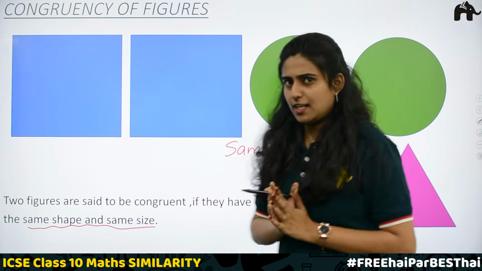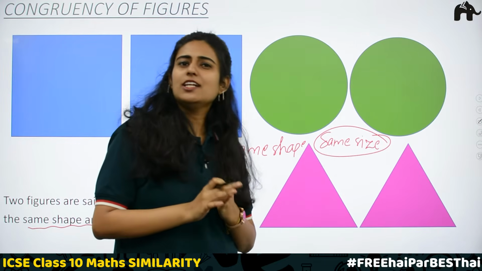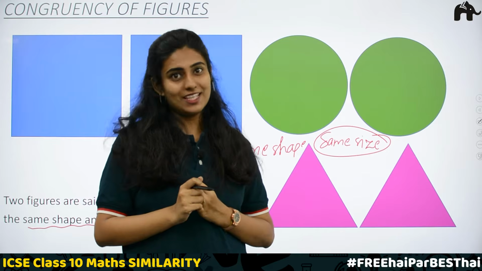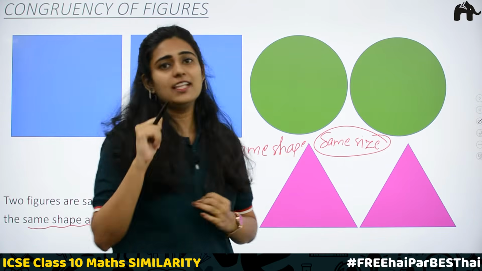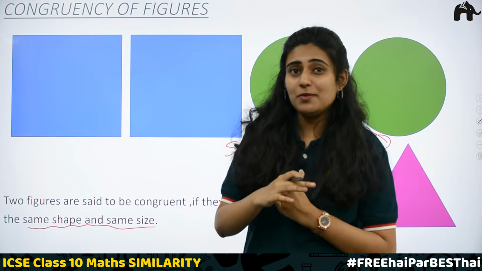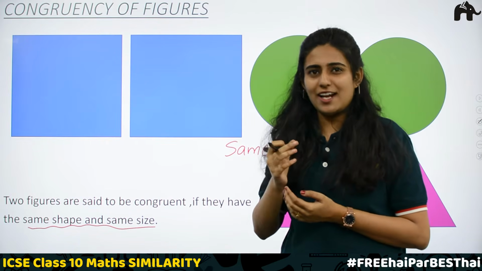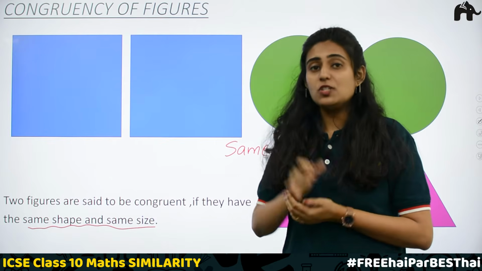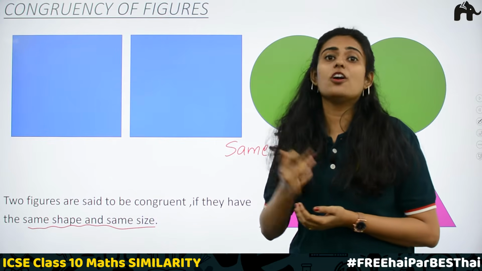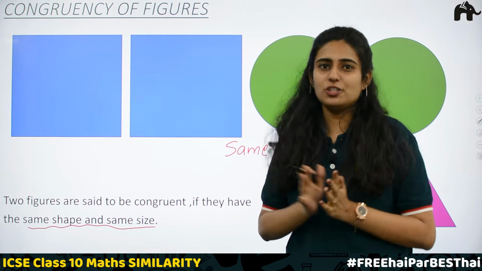Let us take another example. Have you heard about identical twins and fraternal twins? Yes, you have heard. When you take identical twins, they will have the same color, same height, same width, everything, right? Same hair color, eye color, everything will be the same. So in that case, we call them congruent figures. Yes, they are congruent.